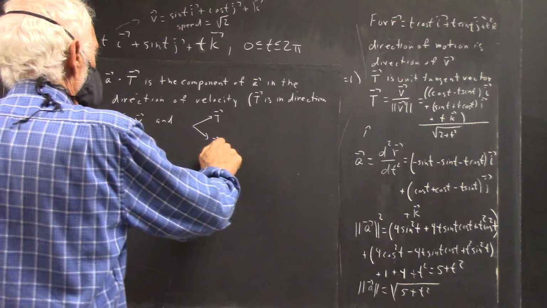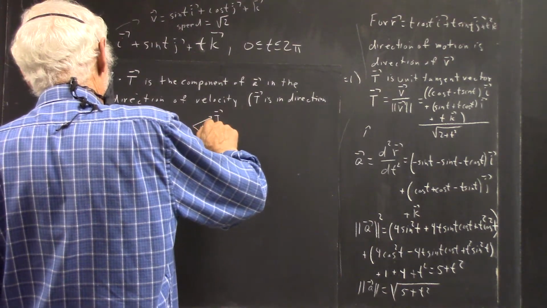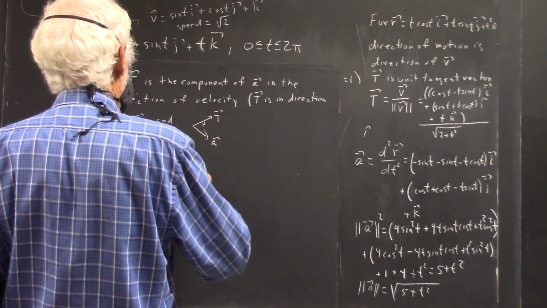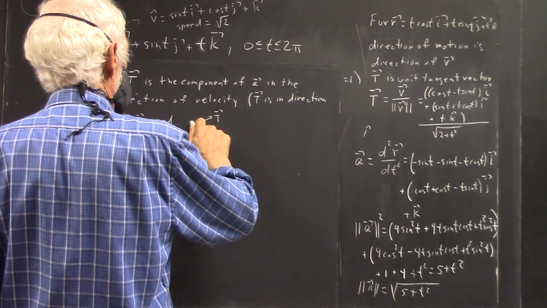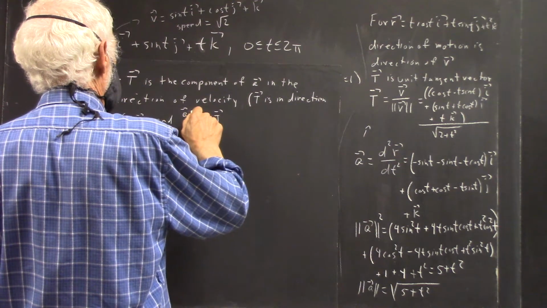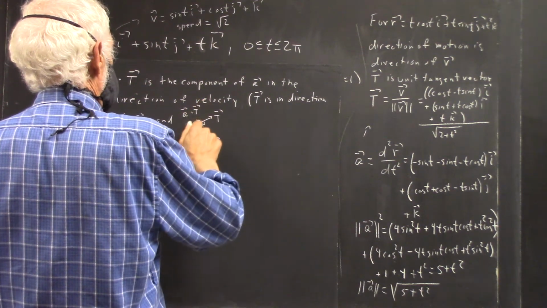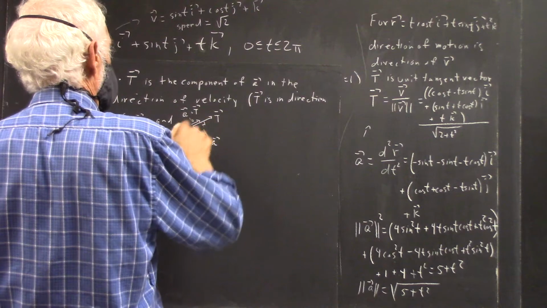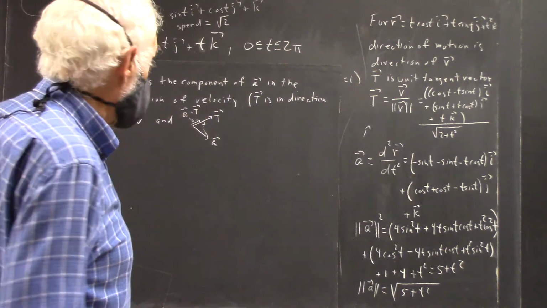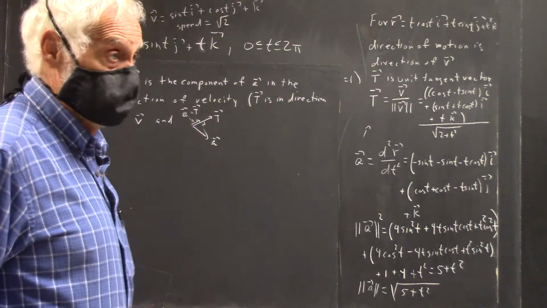But the vector A projects back on t, and this vector then is A dot t, the component of A in the direction of t.